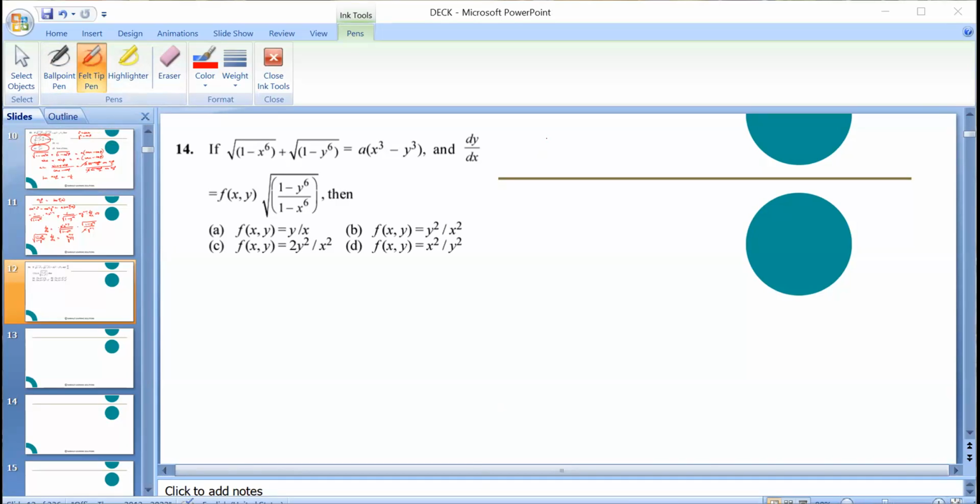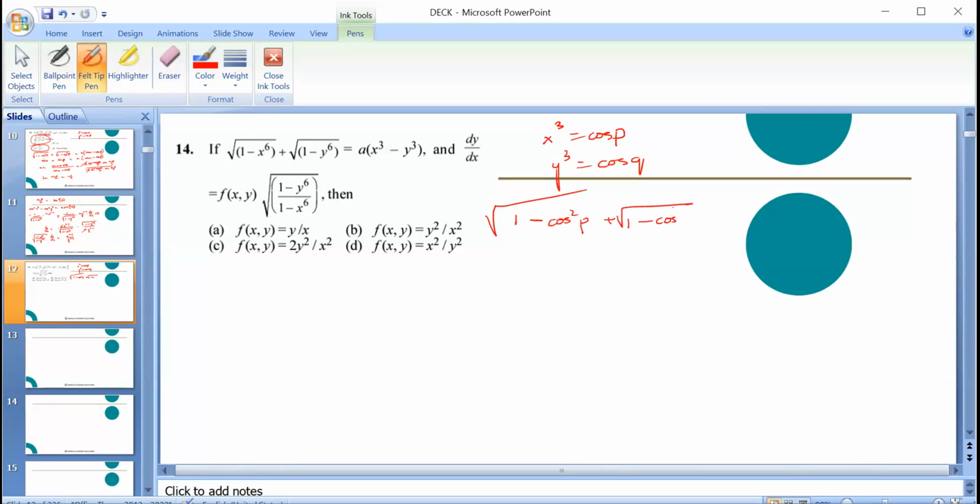So as we have taken in the previous question, x cube you take as cos p, y cube you take as cos q. So we have square root of 1 minus cos square p plus square root of 1 minus cos square q equal to a into cos p minus cos q. That will be sin p plus sin q by cos p minus cos q is a.